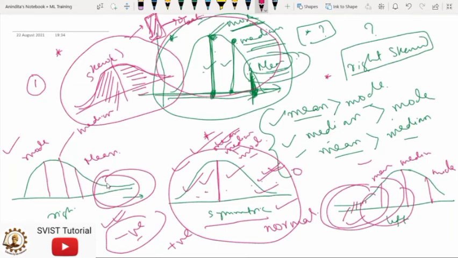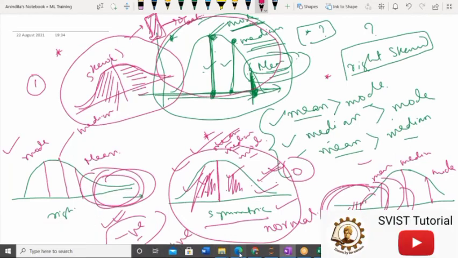So please make a note. Whenever the outcome of your skewness is 0, it means your data is normally distributed, so you have an equal number of points on the left hand side and right hand side of the median. However, for a negative value it is left skewed, and for a positive value you have right skewed. So now check my coding.